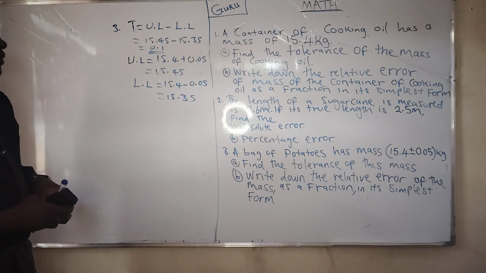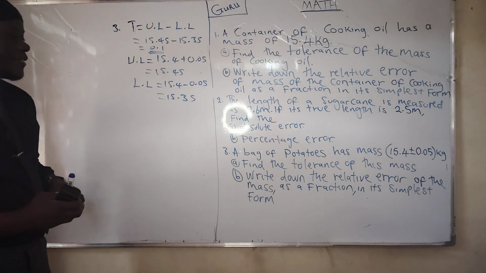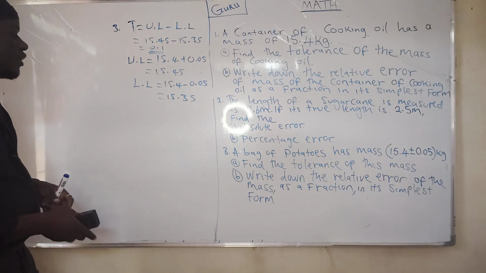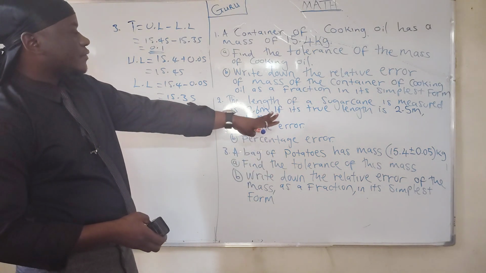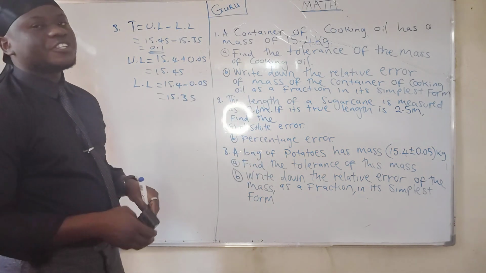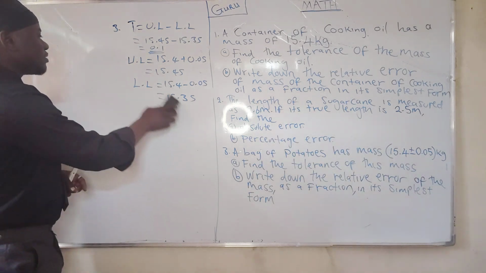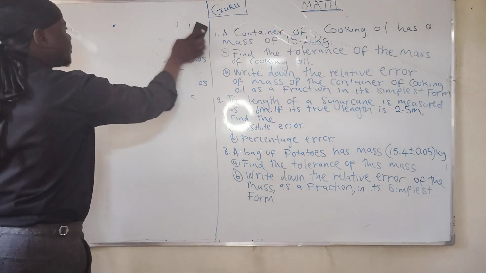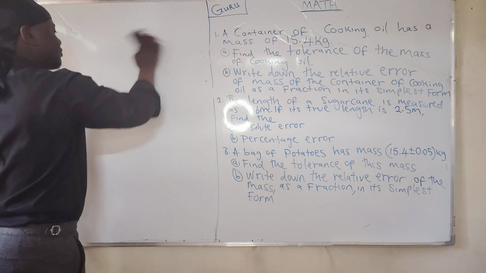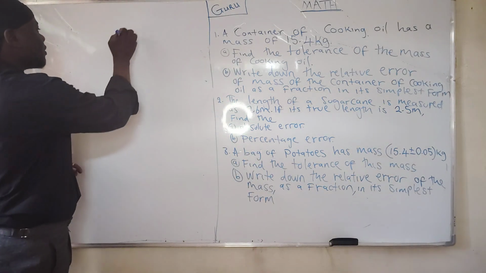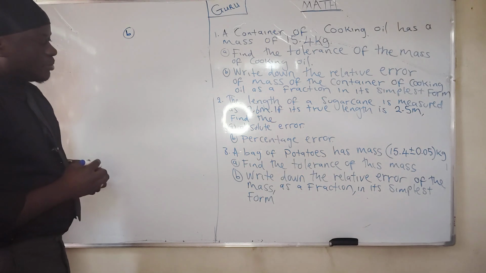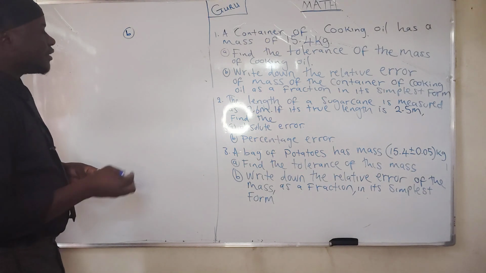Okay, next now is write down the relative error of the mass as a fraction in its simplest form. So relative error, again, they will just ask you the same things. On B now we want to calculate relative error.